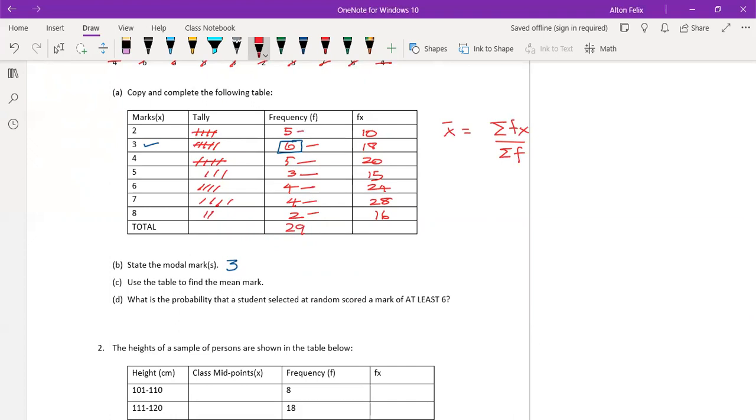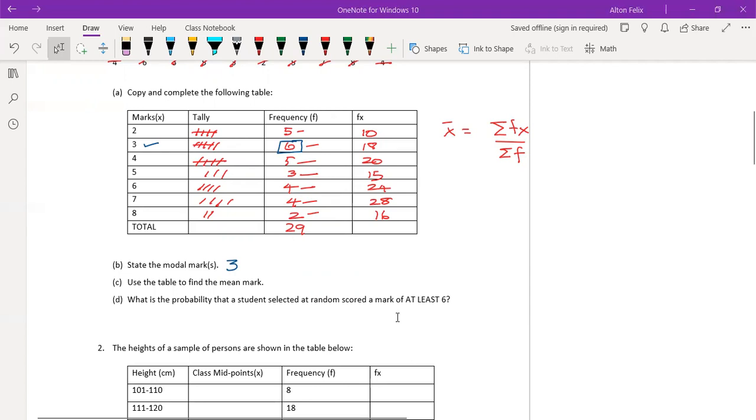Okay. And F multiplied by X. Let's add up all those scores on the calculator.